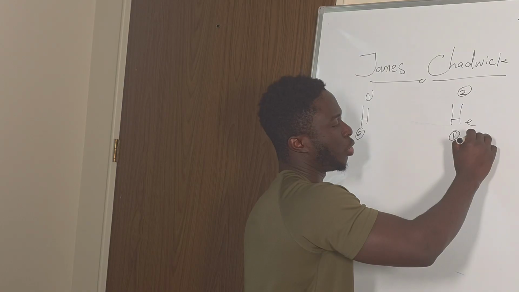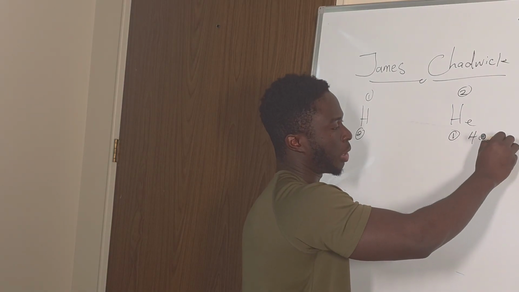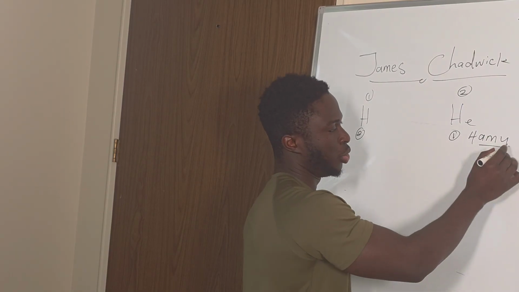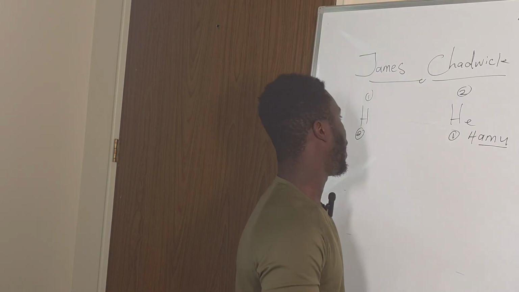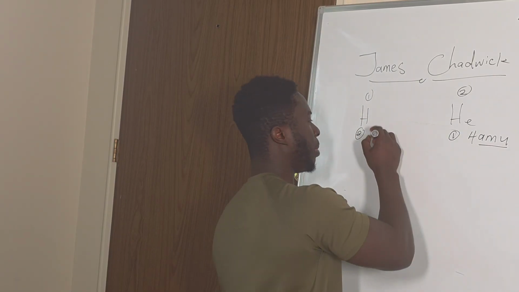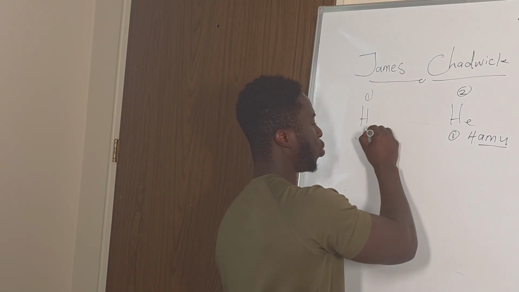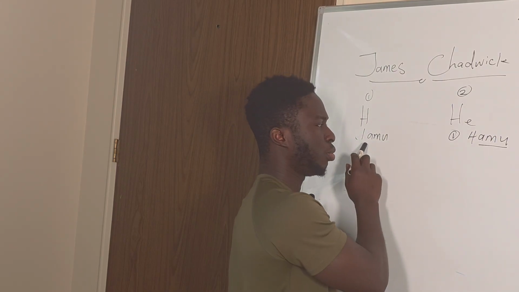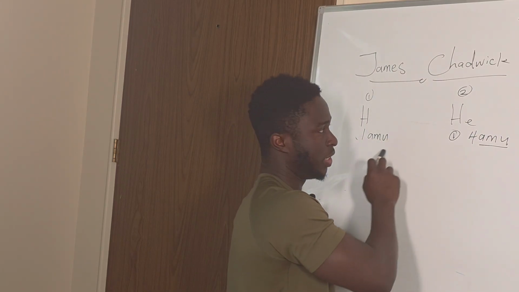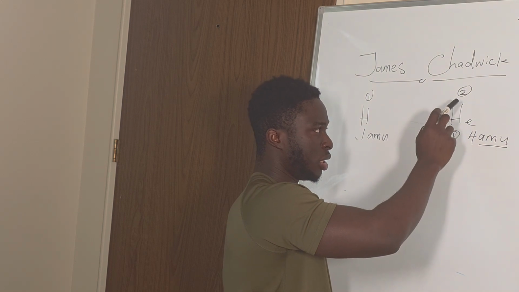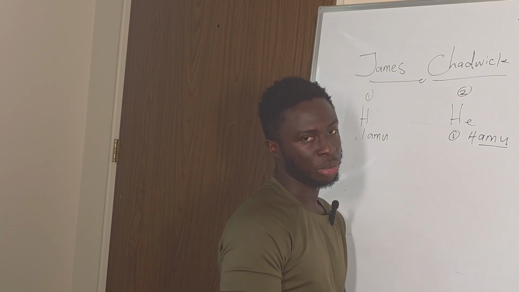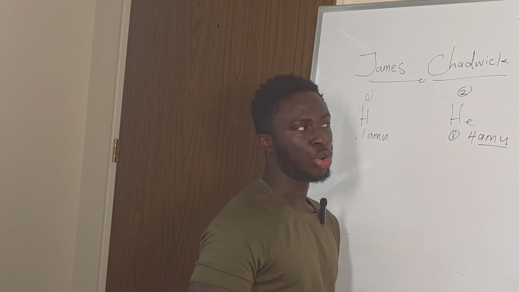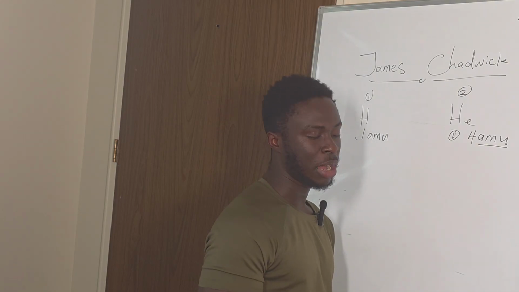So the mass of helium that he measured was 4 atomic mass units. We will get into these units later down the line. And the mass of the hydrogen that he measured was 1 atomic mass unit. So why does it take 4 hydrogen to match up just 1 helium atom?